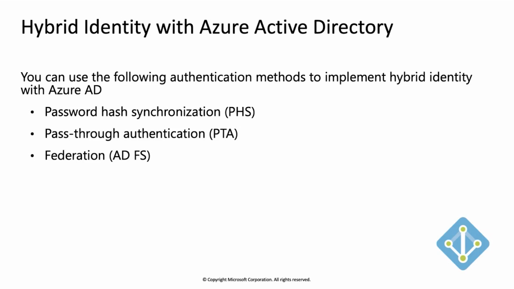If configured, when users try to log into the cloud, their credentials are validated from the on-prem. It is also quite easy to set up, not too challenging. But when you set up the PTA agents, there have to be at least two of them, minimum two, for availability, and they are load balanced by themselves.